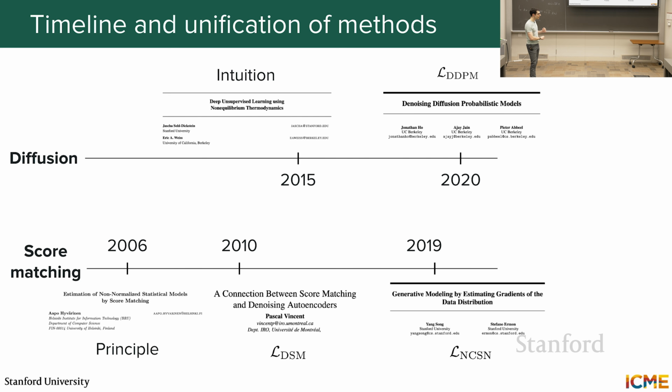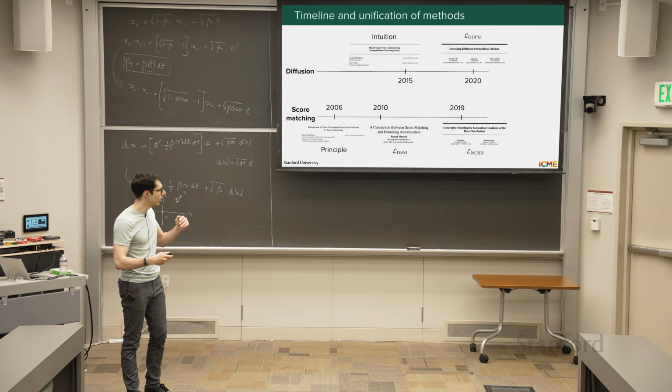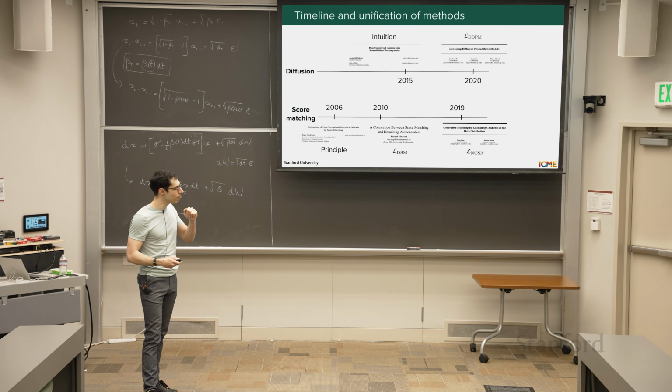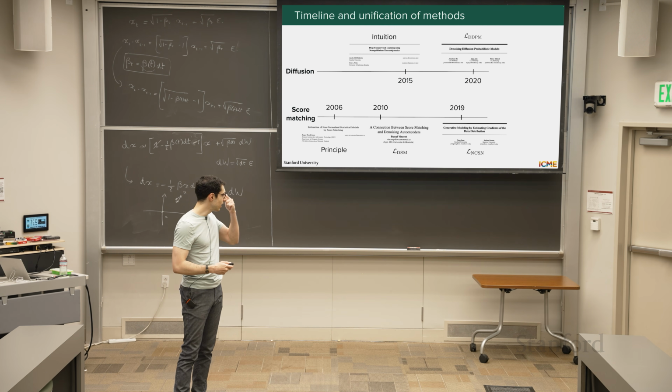And on the other side, in the score matching world, you had this principle of using the score to go from a starting point to the distribution, and the fact that it alleviated this intractable normalizing constant. And then there was a paper that described how to do that in the case of a noise distribution. And then the NCSN method is actually something that came out with a later paper.